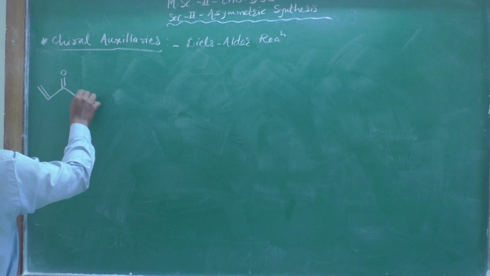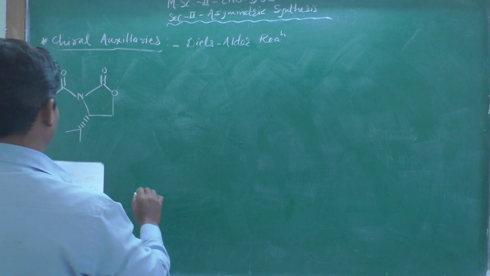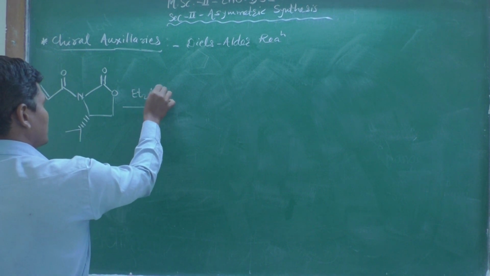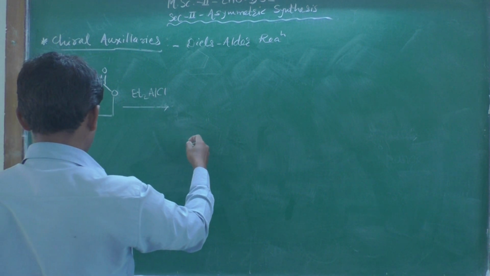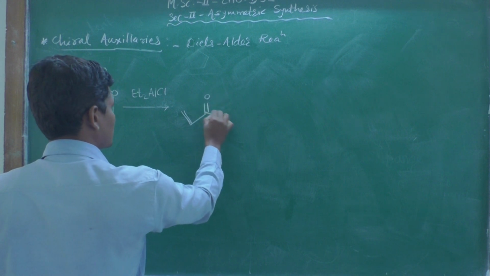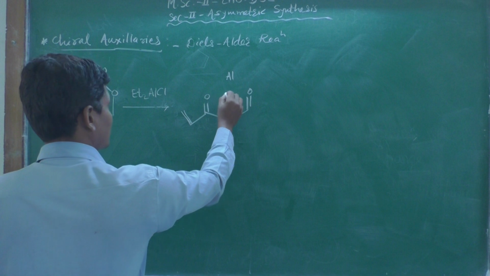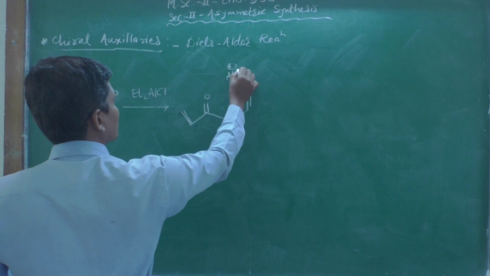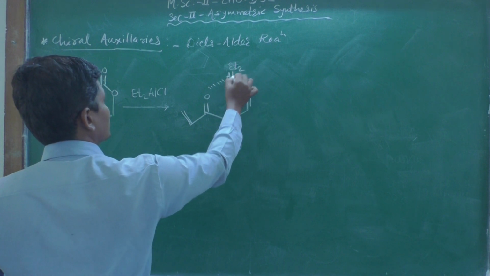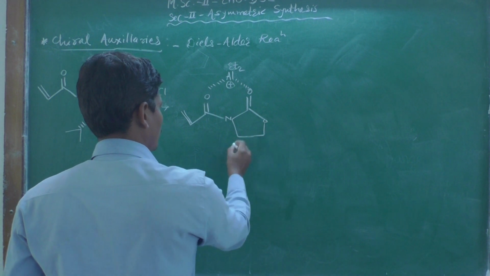So we have the COO five-membered ring with an alpha isopropyl group, and when it reacts with Et2AlCl, that is diethyl aluminum chloride, there is a formation of a transition state between these two, which will be like this, with aluminum at the center, Et2, O, and the alpha isopropyl group.